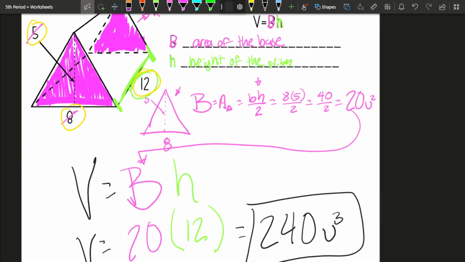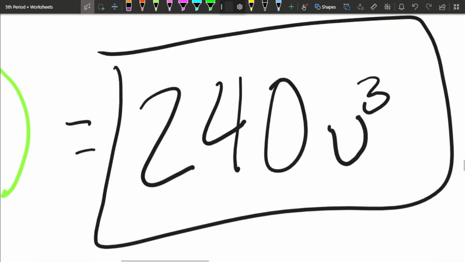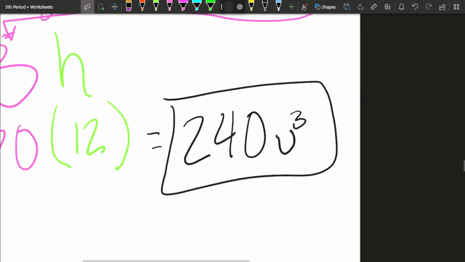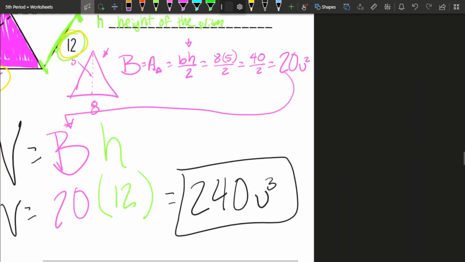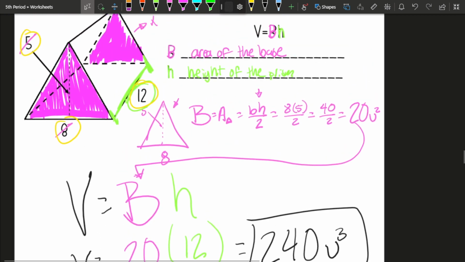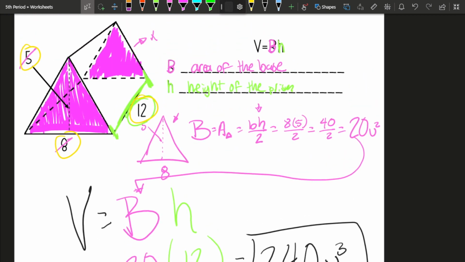And half of 480 is? Which is the exact same number that we got right here. So again, the fast way to find the volume of any triangular prism is multiply the three numbers and divide by 2. That's it. Any questions so far?